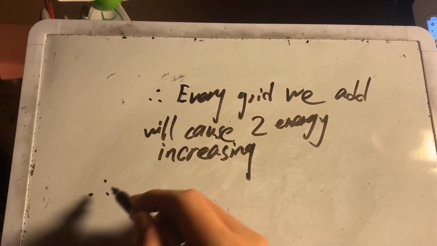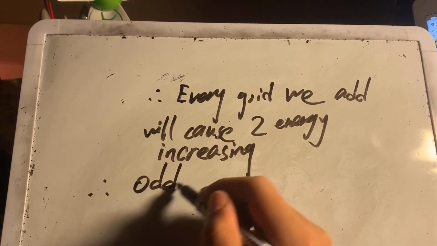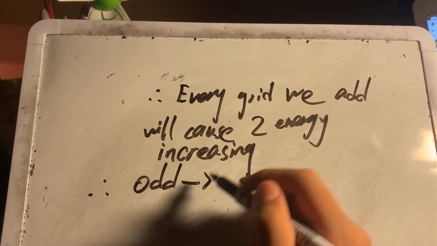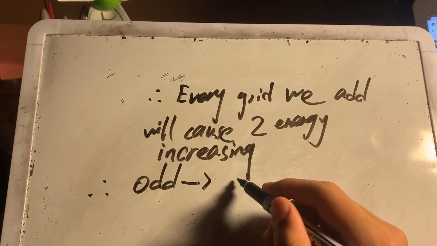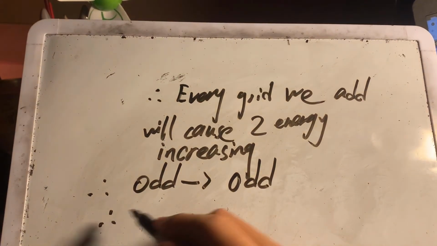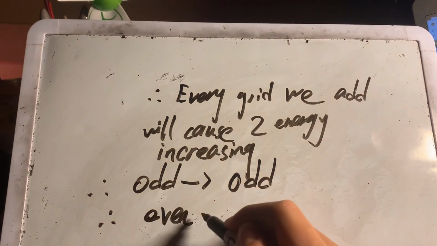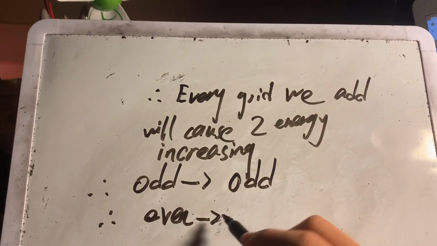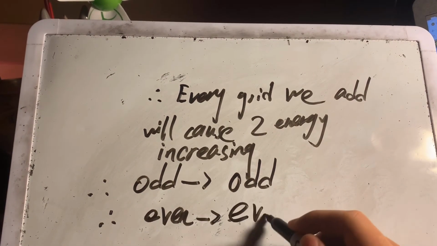So this means that if the shortest length is odd, then every possible length is odd. If the shortest length is even, then every possible length will be even.